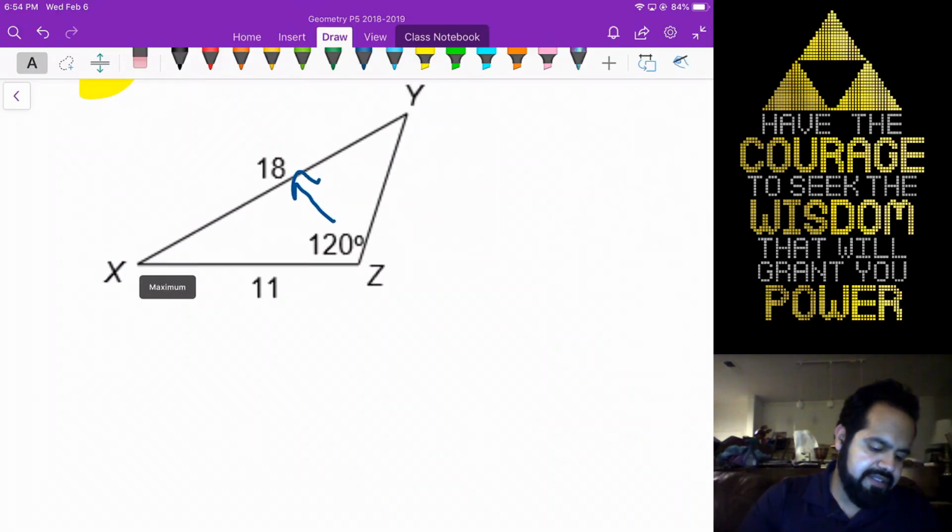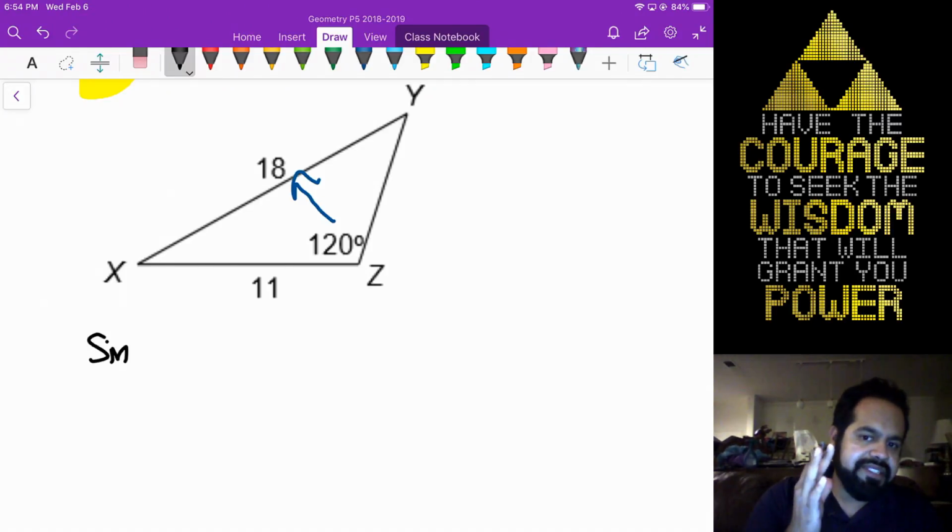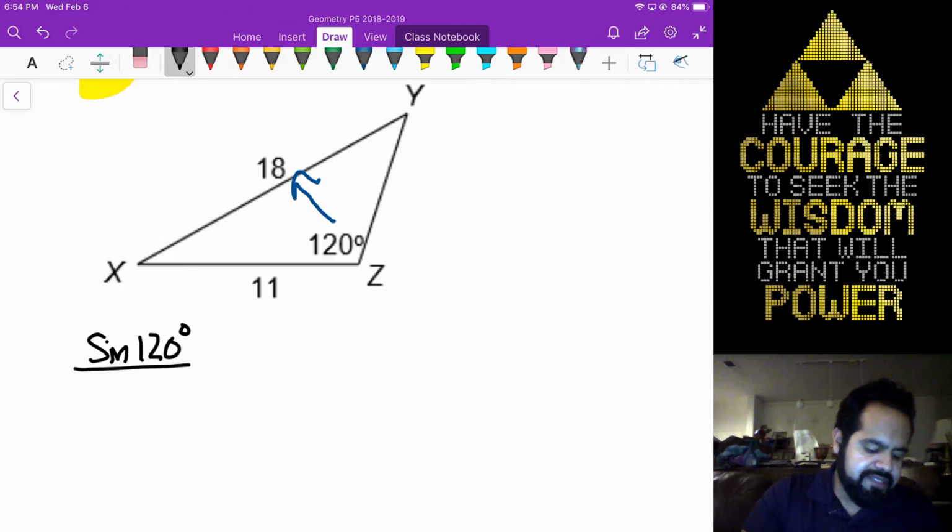So we're going to go ahead and do that. We're going to say sine of the angle. Do not put a side length into a trig function. That is a recipe for disaster. Sine of 120 over 18 equals.